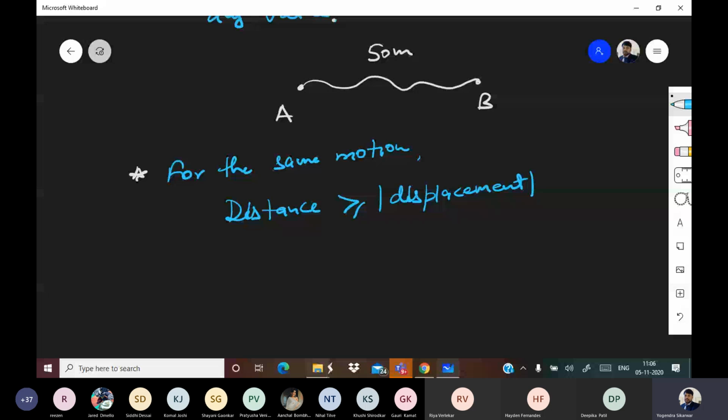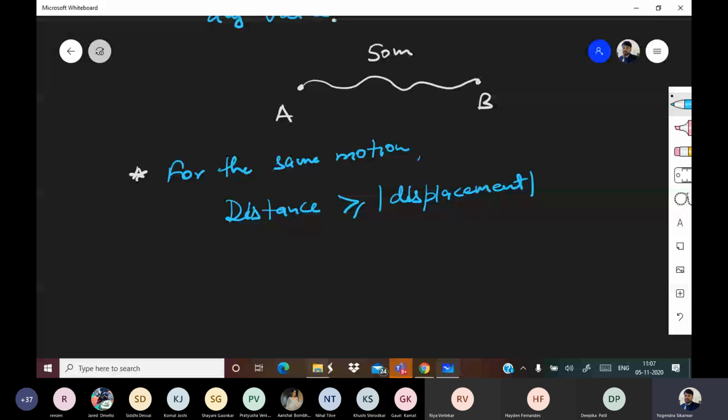First of all, we are comparing distance with the magnitude of displacement, not with displacement. Because displacement is a vector quantity, and you cannot compare a vector quantity with a scalar quantity. So we took the magnitude of displacement, and we are comparing a scalar with another scalar, because magnitude is a scalar quantity.